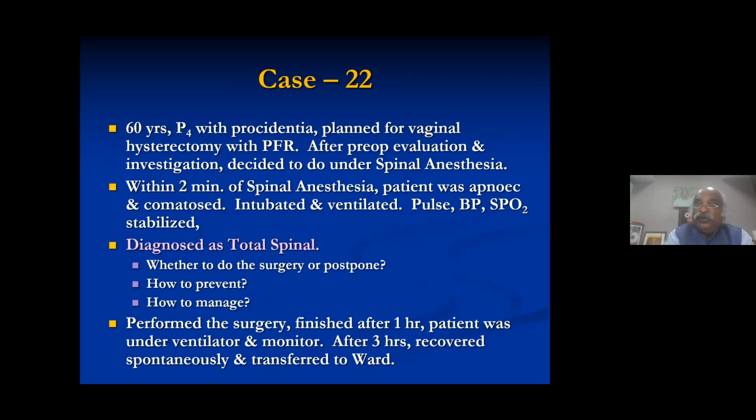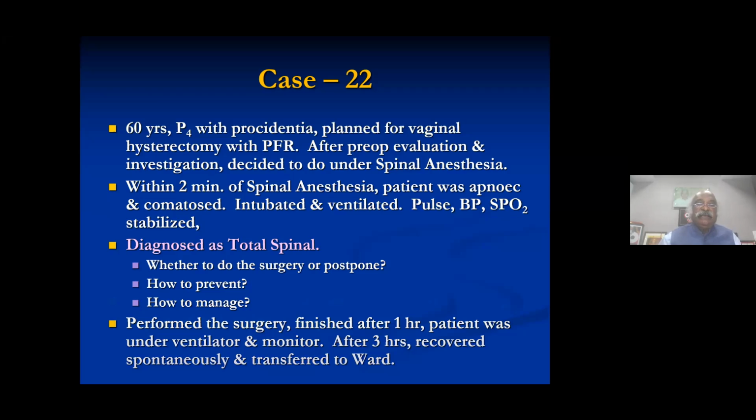Pulse, BP and SpO2 stabilized after 5 minutes. The anesthetist did a superb job in resuscitating the patient, diagnosed as total spinal. Whether to do the surgery or postpone, how to prevent, how to manage? The surgery was performed, finished after 1 hour, the patient was on ventilator and monitor, and after 3 hours recovered spontaneously as the drug effects abolished, and was transferred to the ward.